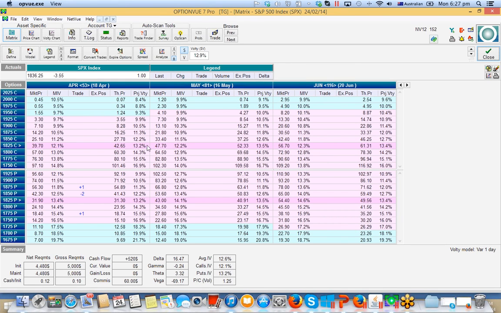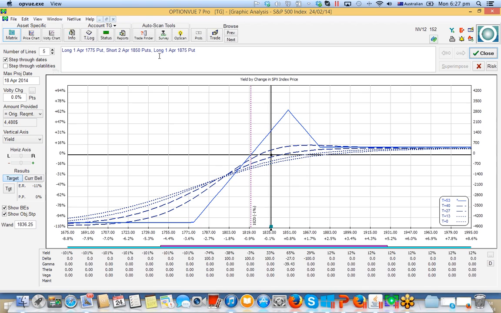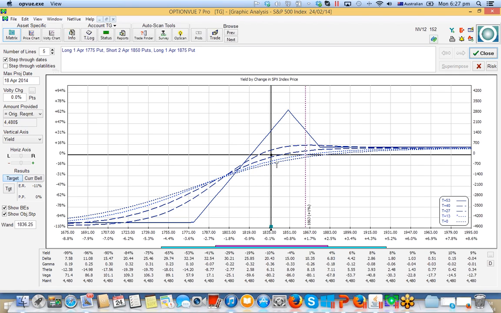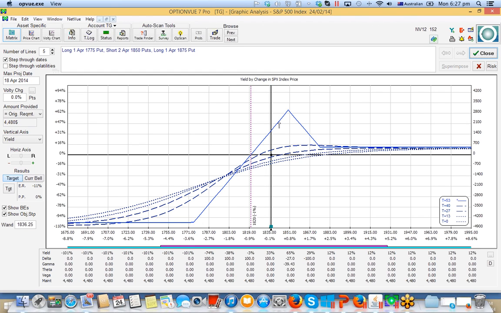So, for instance, if we have some combination, we can always analyze it here. And this is an example of a broken butterfly, and you can see, of course, some movement according to date, in terms of date until expiration. So you can see profit and loss, and you can see what your exposure will be with price movement.